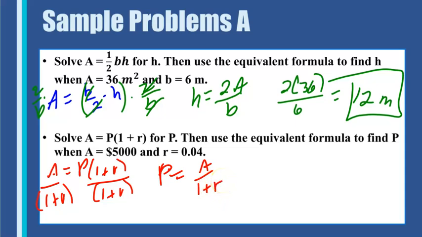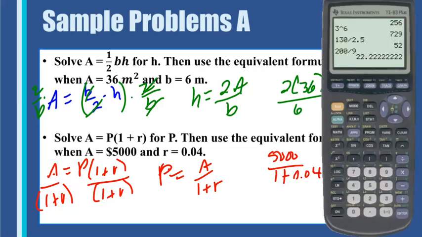So they're telling us the account balance is 5,000 divided by 1 plus the rate, 0.04. So on our calculator, we have 5,000 divided by 1.04, which gives us $4,807.69.